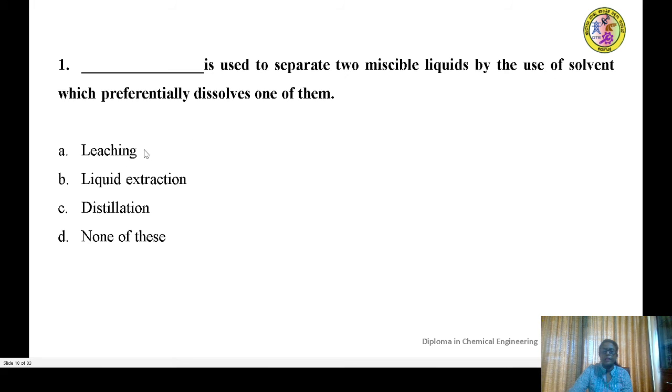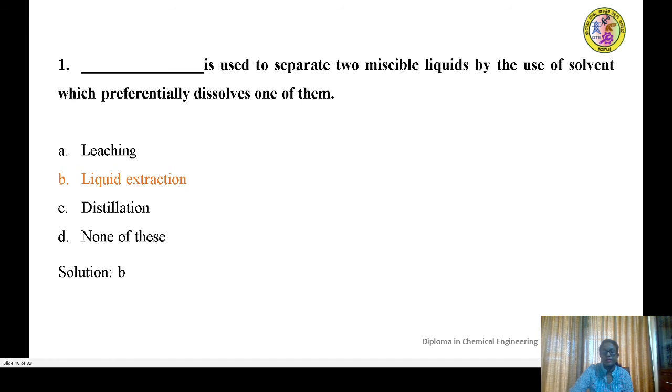So A is not the right option. C is also not the right option because distillation does not use a solvent to effect a separation. So whatever is left out is liquid extraction. So liquid extraction is the right answer for this question.